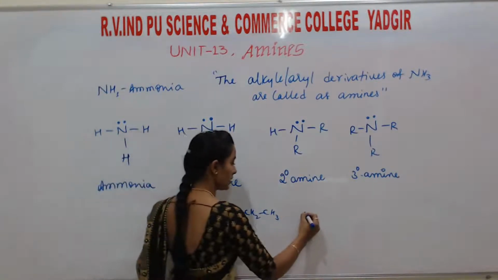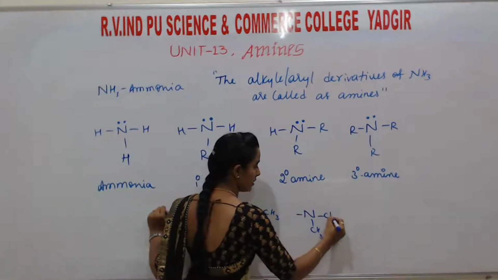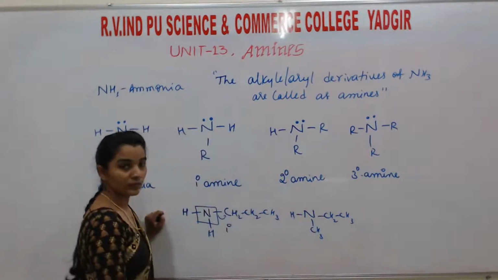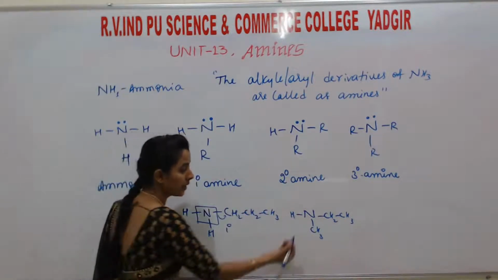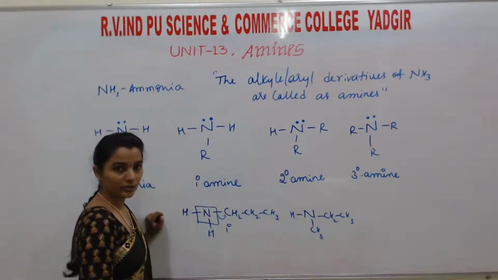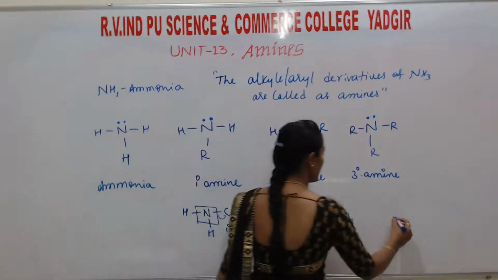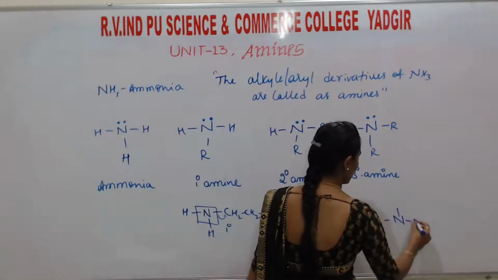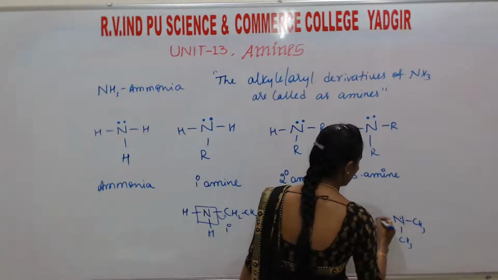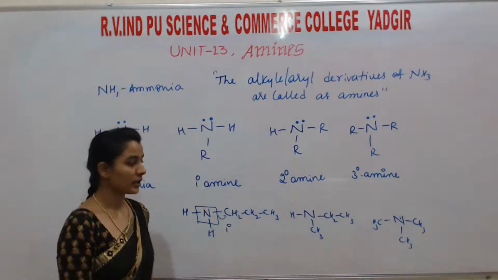Instead of this, if you take CH3, CH2, CH3, H, then this is secondary because the nitrogen is directly bonded to 2 carbon atoms. That's why this is an example for secondary. Another one: CH3, CH3, CH3 on nitrogen, then this is a tertiary amine.